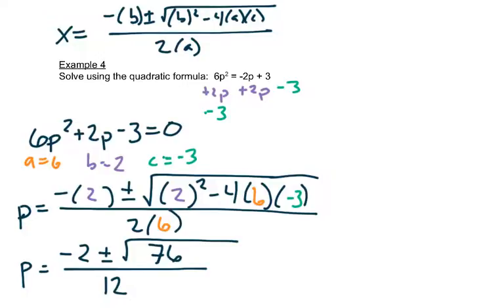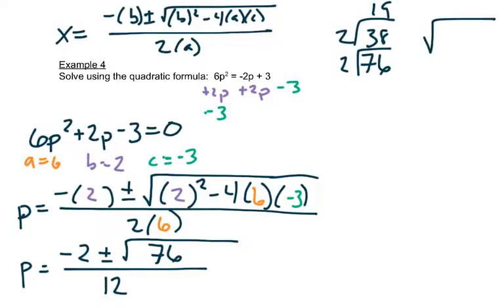This goes back to what we did in the last chapter as well. 76 we can break down. 2 goes into 76 38 times. 2 goes into 38 19 times. So the square root of 76 is really 2 times 2 times 19. This is a pair of 2s, so it's going to come out. So we'll get 2 times the square root of 19.